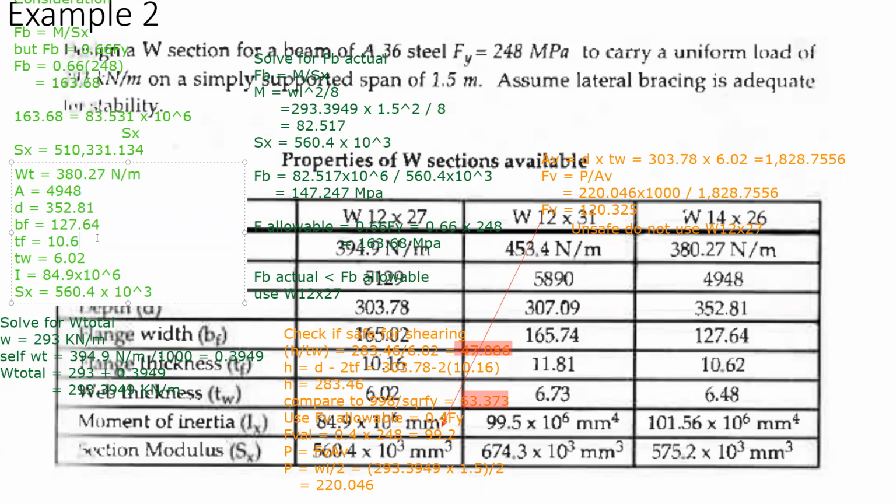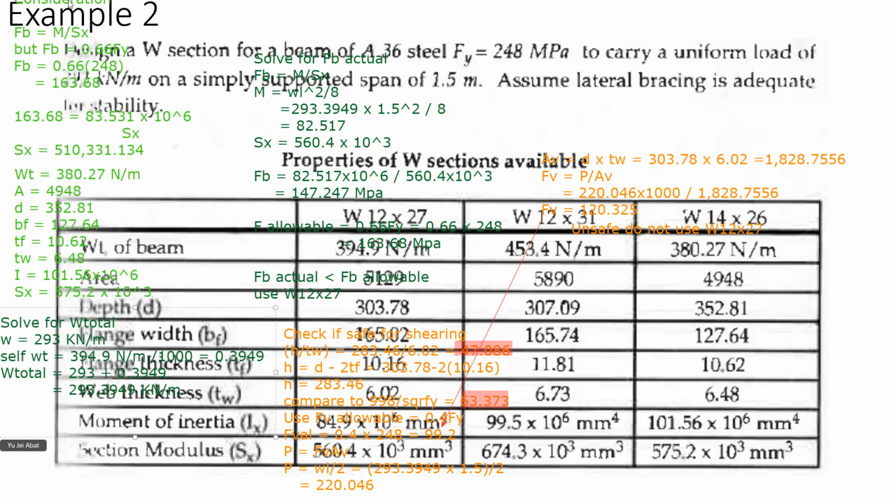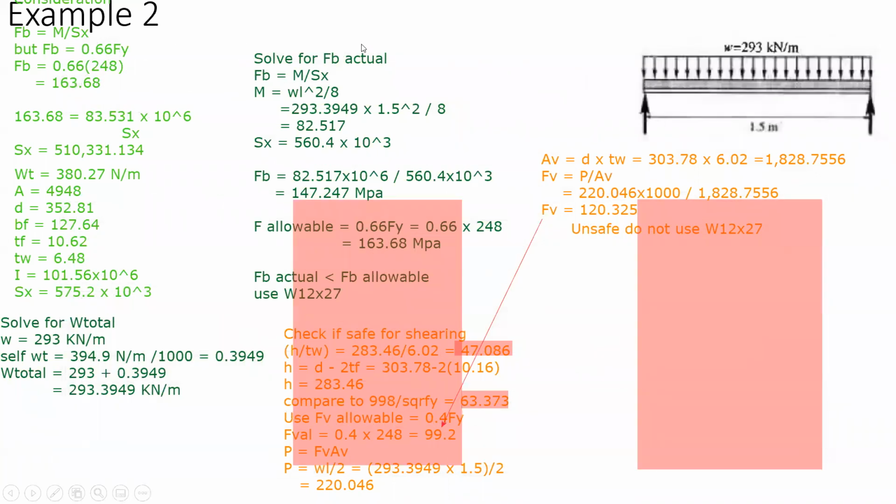TF is 10.62. TW is 6.48. I is 101.56. And SX is 575.2. So we are now considering this web kasi itong una ay nag-fail. Yeah. So let us start again for the next web.